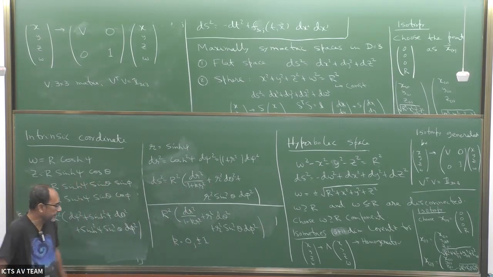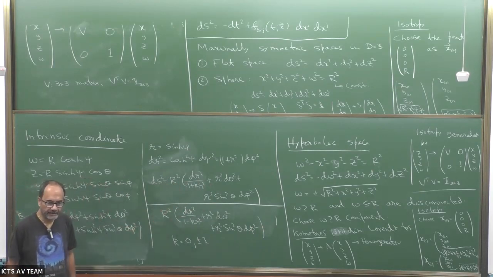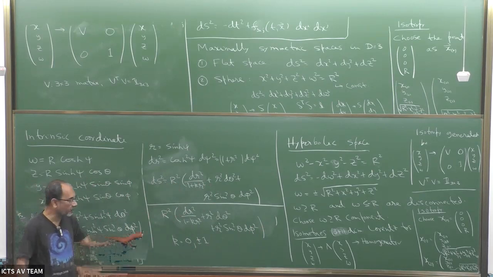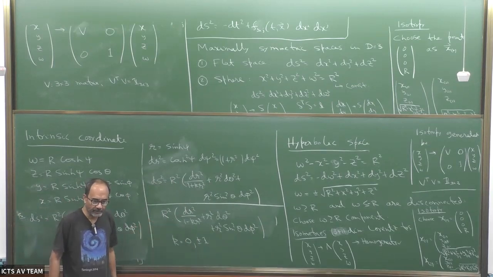In the flat space case, I just put this R, because that's the scaling of x, y, and z. I can always multiply the flat space metric by R square. There it's just a coordinate transformation. You can remove the R by coordinate transformation. That's not the case for the other two cases.